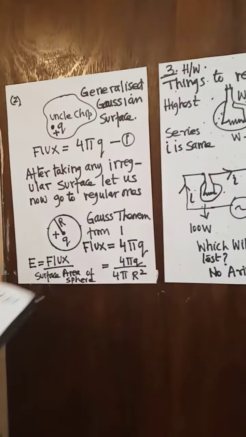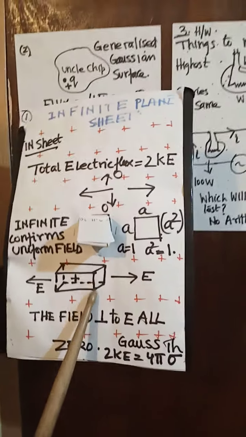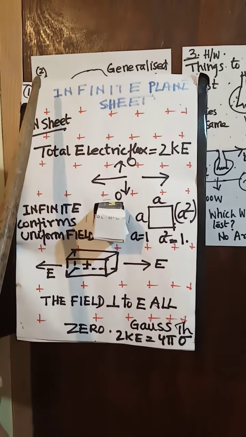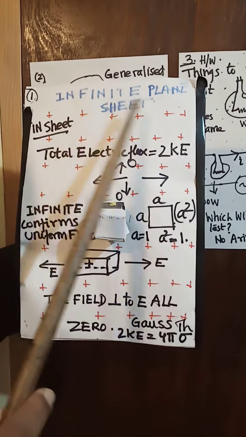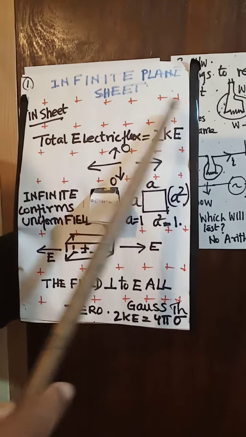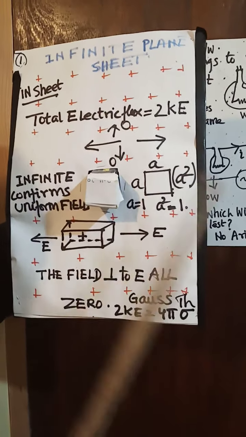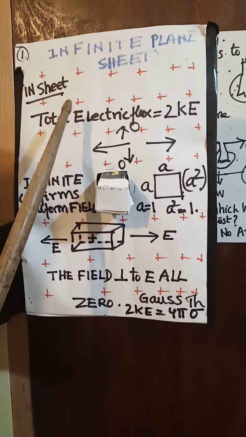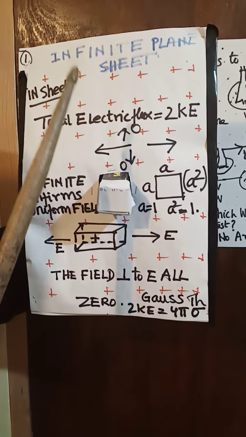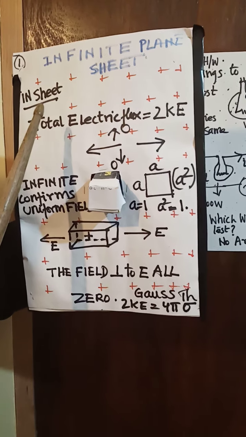So now we will come to this one. Here, that day I told you that we will have the infinite plane sheet. See the charges, it is positive charges. We want to find the intensity after knowing Gauss theorem.